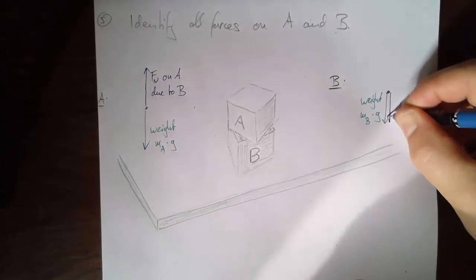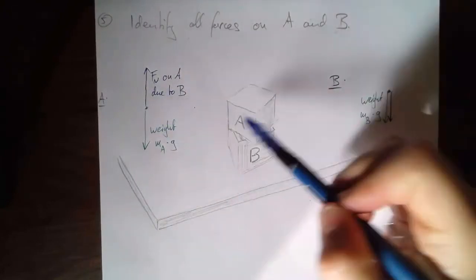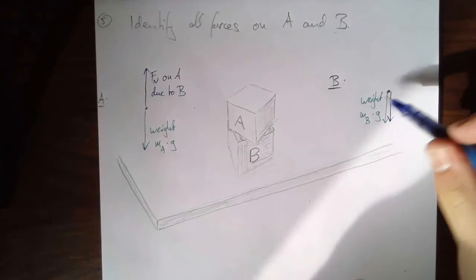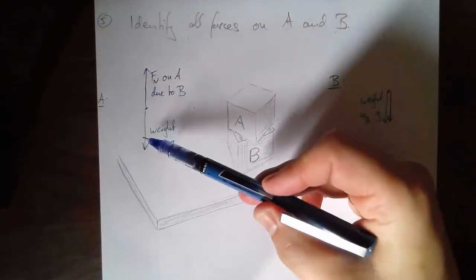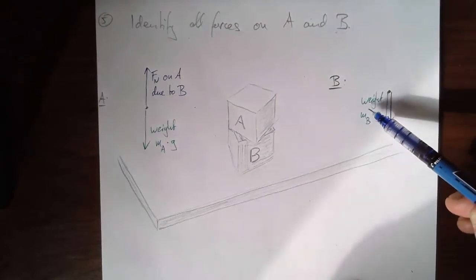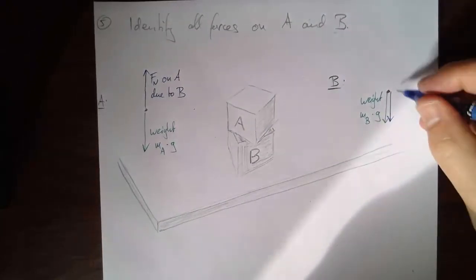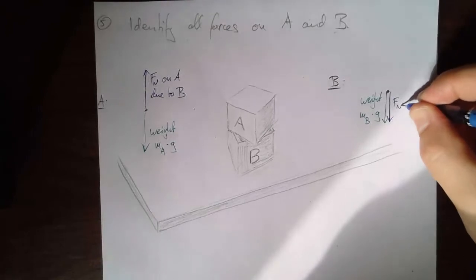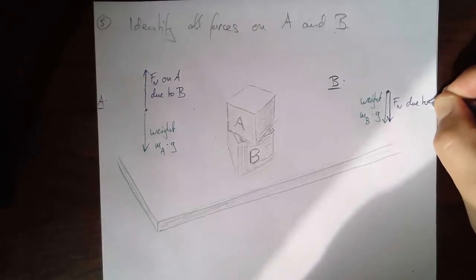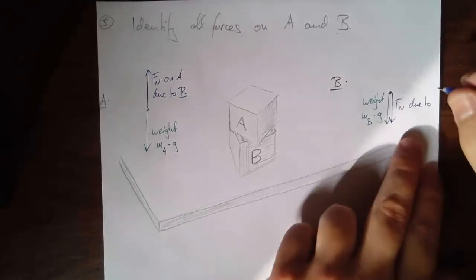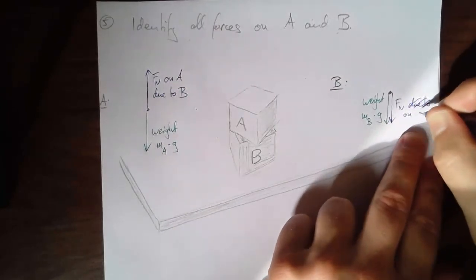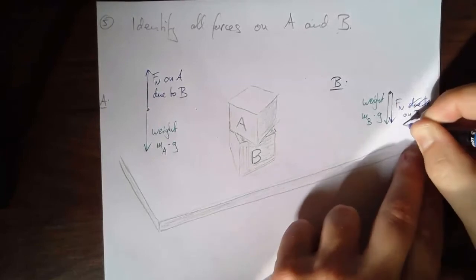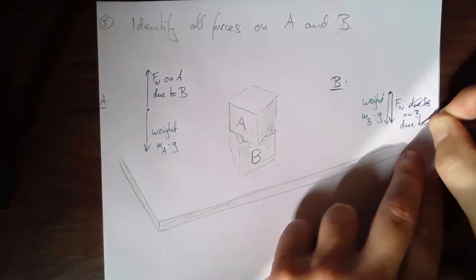Now, I'm going to assume blocks A and B have the same mass, so I'm going to make those two arrows the same, because this arrow is the same as this, and the same mass means same weight, so they're all the same length. But this is Fn on B due to A, right?